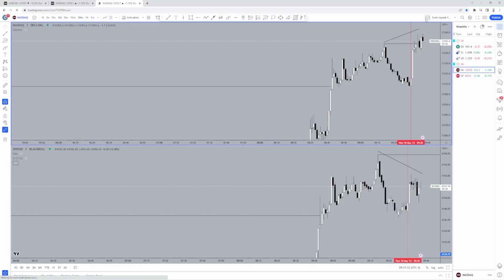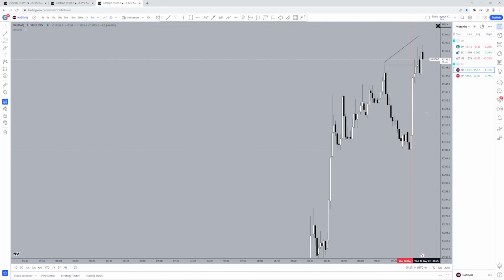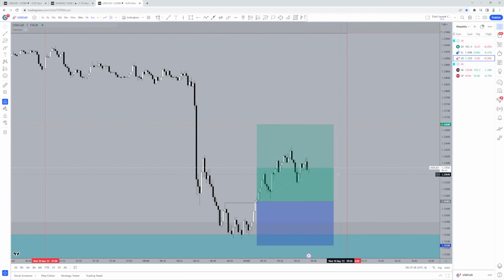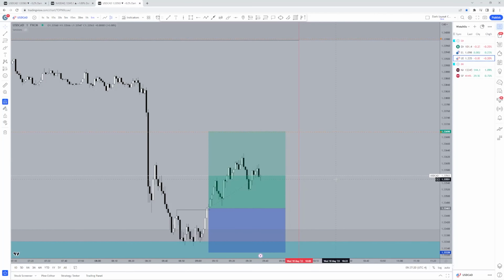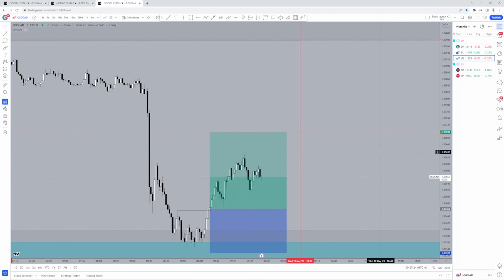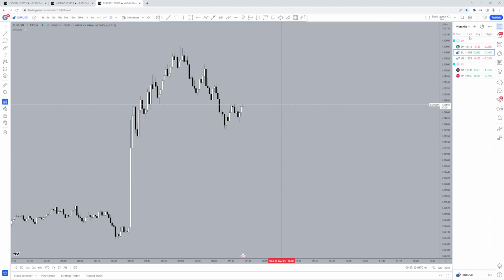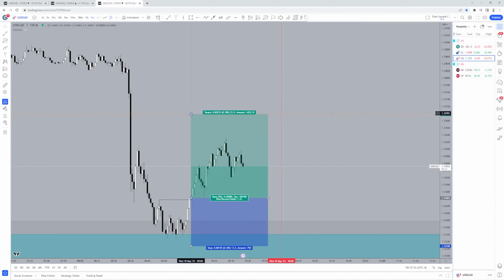I'm opening just a single time frame as well, so we can look at things individually at the same time. These I have already closed right here, partials.